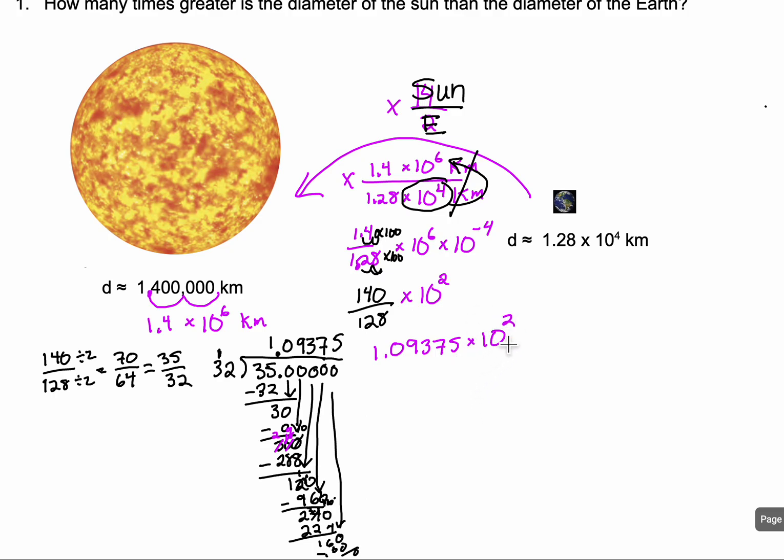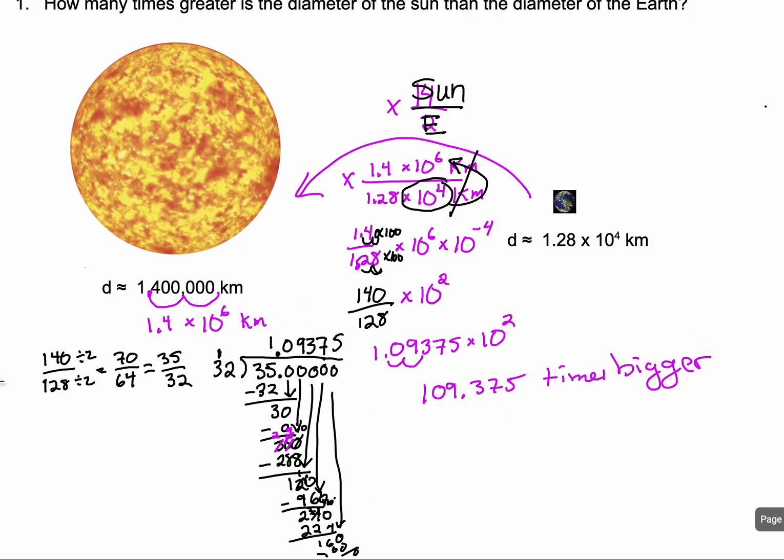Oh, so I could change that two place values. So that's times 10 is two place values. So that's 109.375 times bigger. And that was the question we were answering.